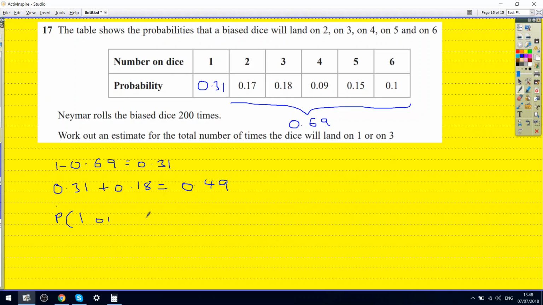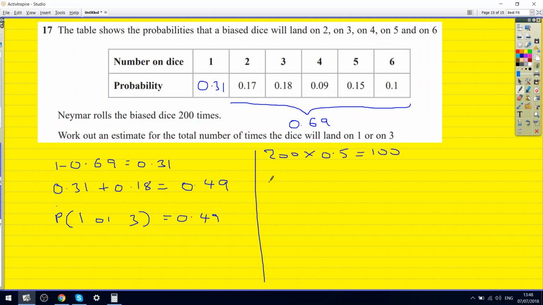Probability of 1 or 3 is 0.49. What if the probability was a half, 0.5? And you roll the dice 200 times. How many would you expect? 100. Yeah, because you just do 200 times a half. Gives you.